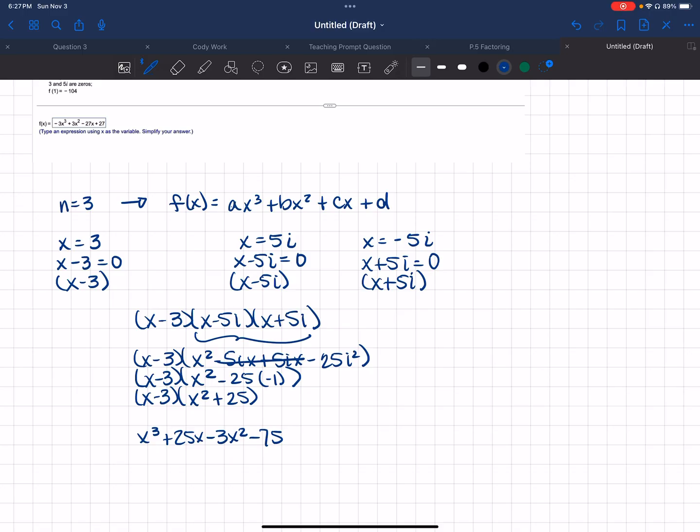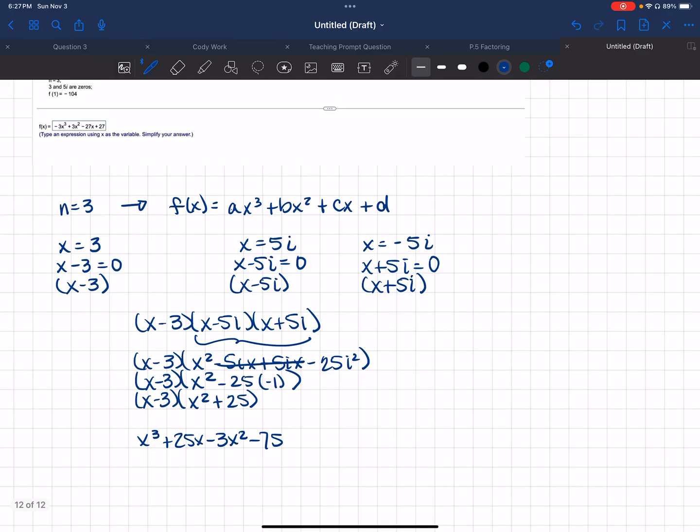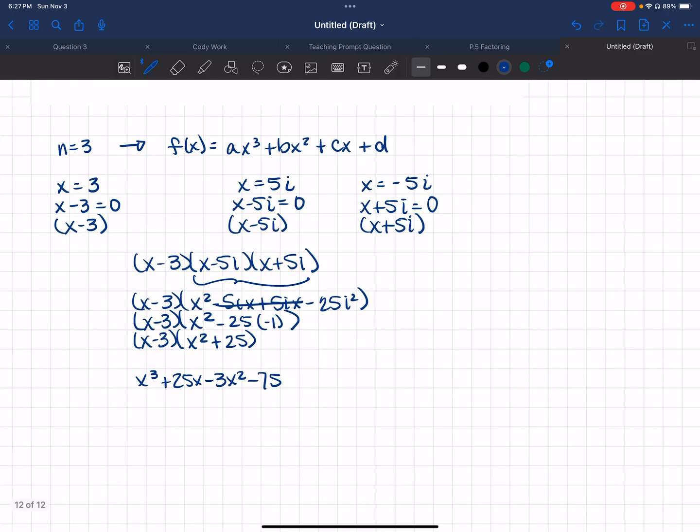Okay, now the only thing here is we're not sure what a should really be, if that should really be a 1 or not. And that's where that third part comes in, that f of 1 equals negative 104. So let's think about this.